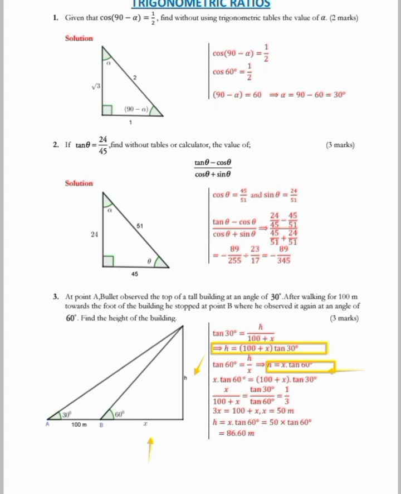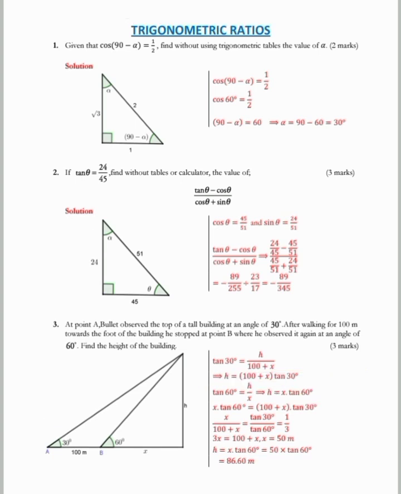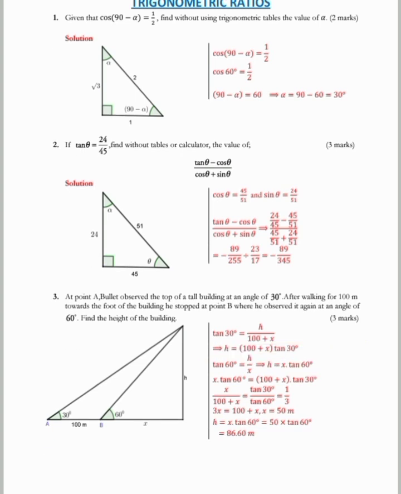Because we have made h the subject of the formula in both cases, we have the value of h from here, and we also have the value of h from here. So h is equivalent to (100 plus x) tan 30 degrees, and the second one, h is equivalent to x tan 60. We can equate the two because it is h.